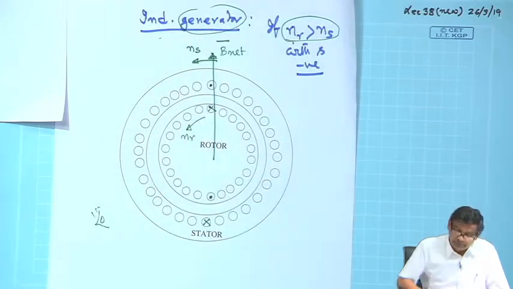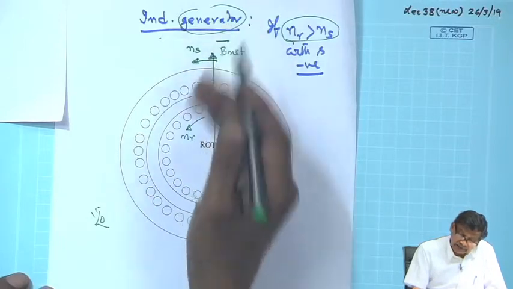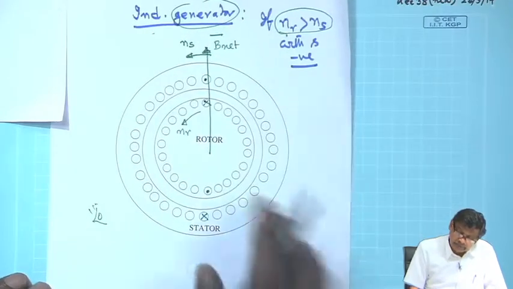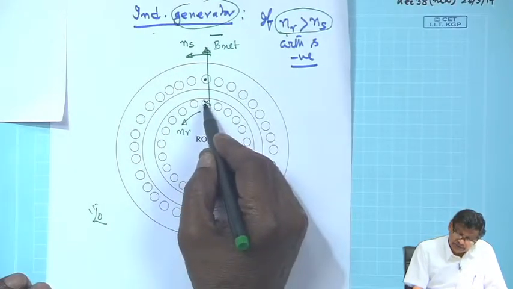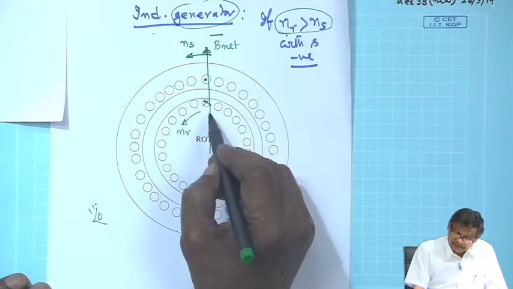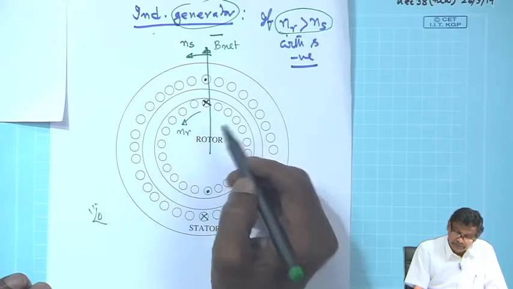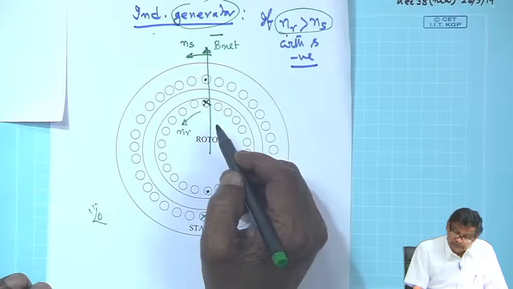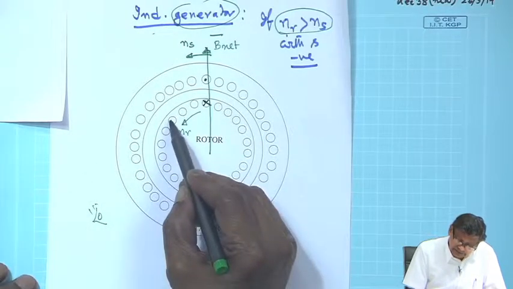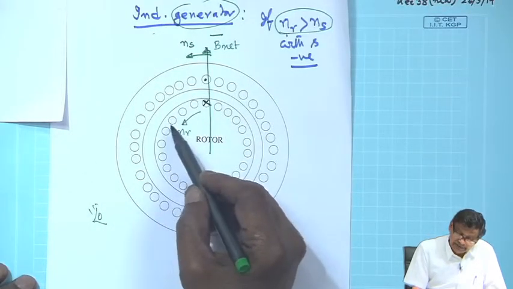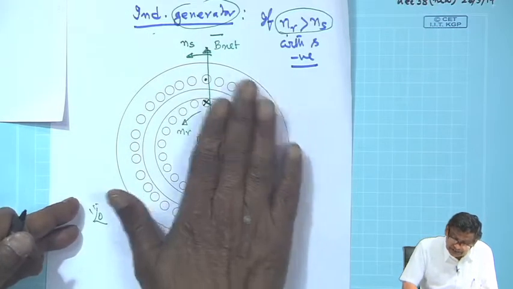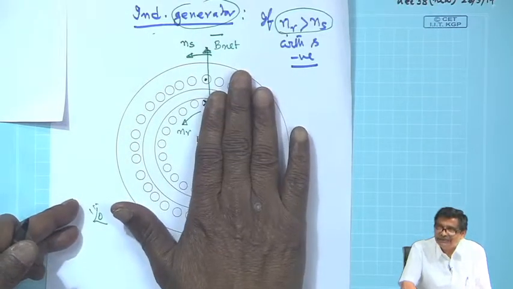That is, the conductor is still inductive, it is having induced voltage. Now, a conductor on the left side has already seen the maximum induced voltage.